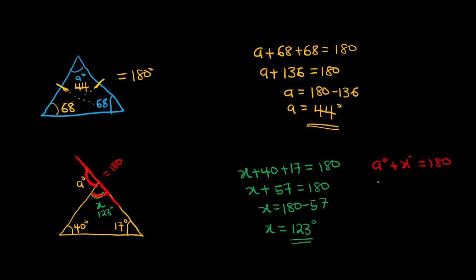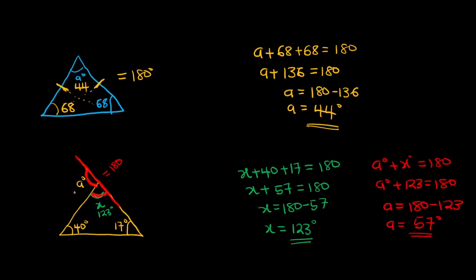The A we don't know, so I still repeat that. The X, I just found it to be 123, so I write that, and this is equal to 180. So for me to find my A, this is very easy. My A is equal to 180 minus 123. So therefore the value of A is equal to 180 minus 123, and that will give us 57 degrees as our answer.